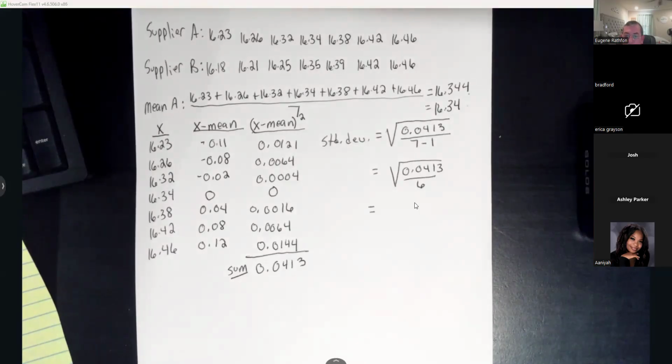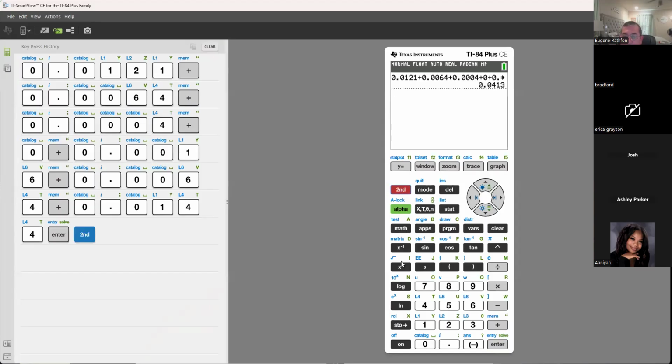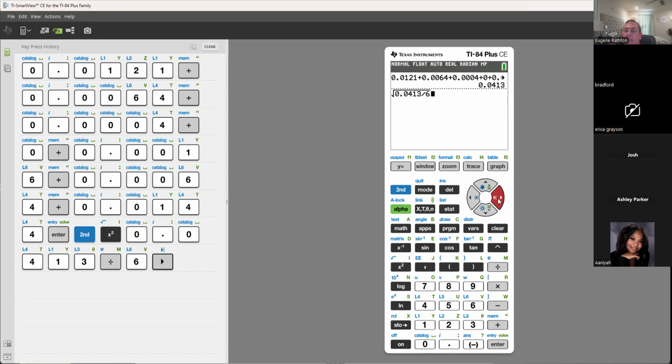So first I'll do the second x squared to get that square root. And then I had 0.0413 divided by 6. So all that's up under that little square root there, okay? So when I hit enter, my standard deviation, we're going to round it 2 decimal places.